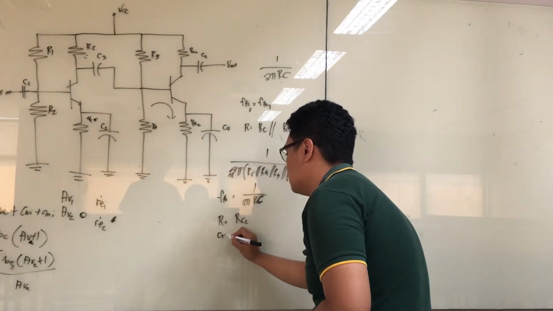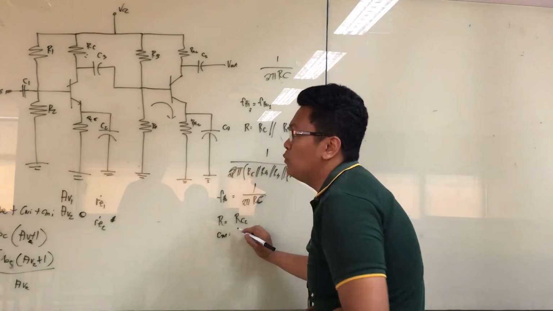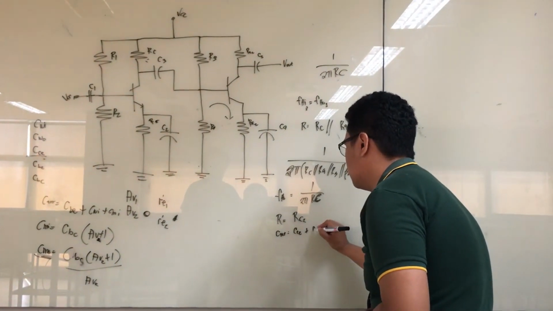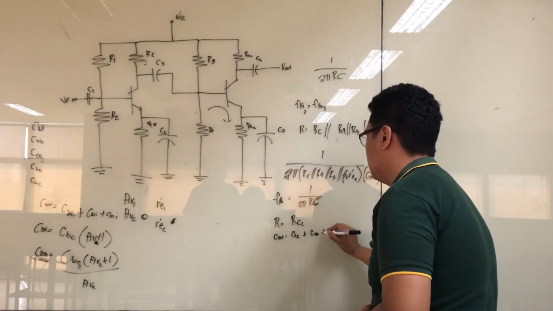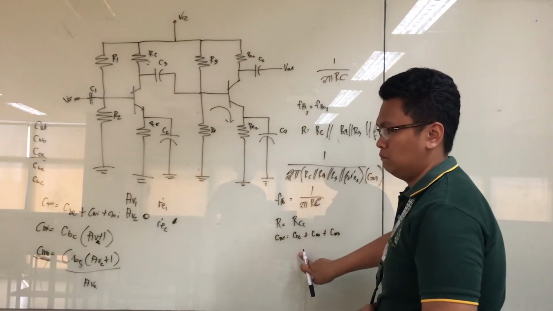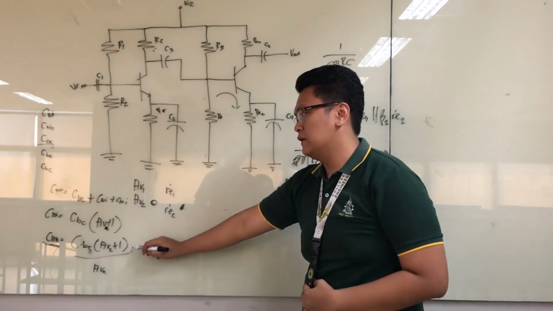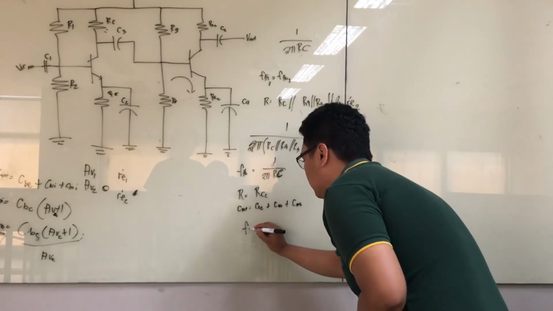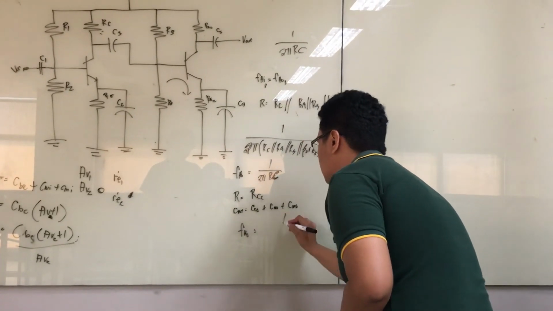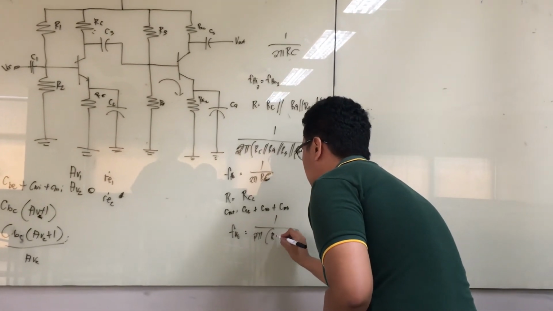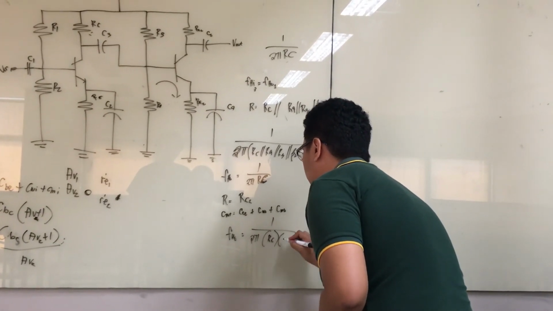Now for your capacitance total, it will be CCE plus your output wiring plus the Miller output capacitance using this formula. Now combining this to get the final formula for output, it's just 1 over 2 pi RC multiplied by the C total.